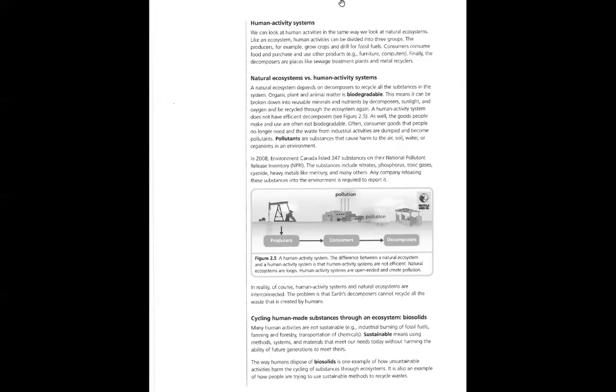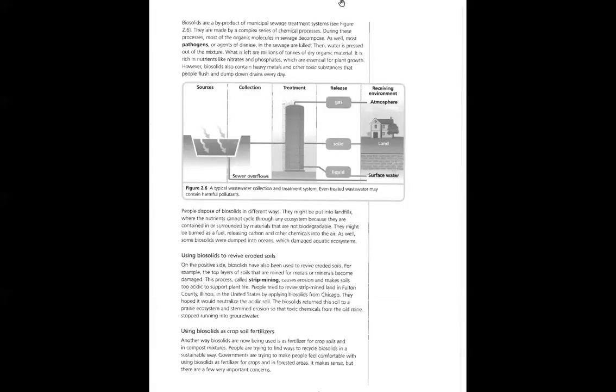And then we looked at the human activity systems, and we looked at all the different ways that we have waste and better ways to get rid of those wastes. Biosolids, for example, was something we talked about using to help get rid of waste.